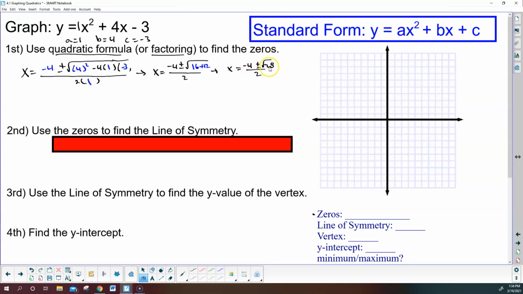Now, in this case, we broke down the radical, but radicals don't give me a great idea of what this graph is going to look like. So I'm going to do this in my calculator. I'm going to figure out the answer when we use the plus and the answer when we do subtraction.